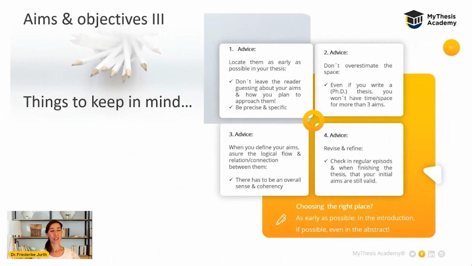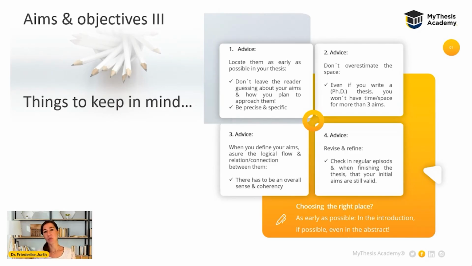Now, to close this circle, I would like to mention some things that you should keep in mind when you develop and create your aims and objectives. First, the advice that you locate them as early as possible in your thesis. Why?